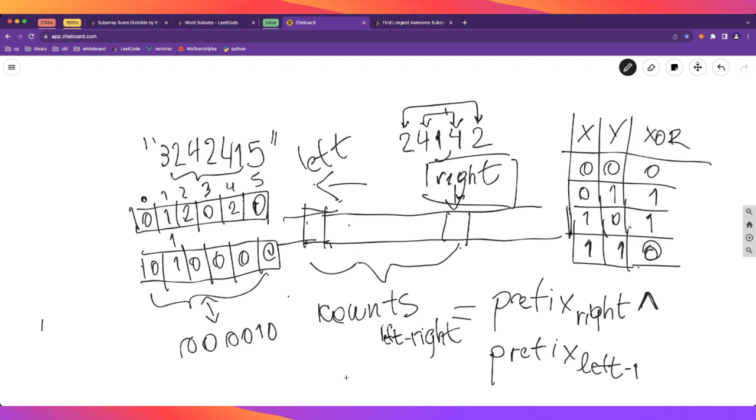So we can try them all. Okay, so for example, we have this, and we know what the prefix is.